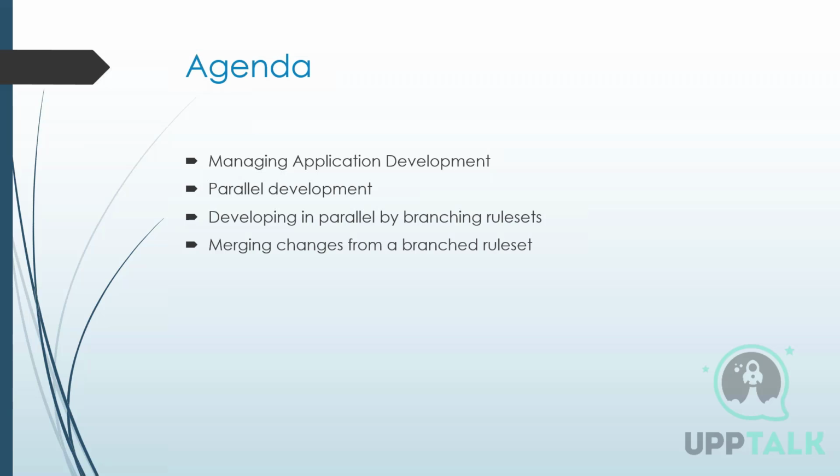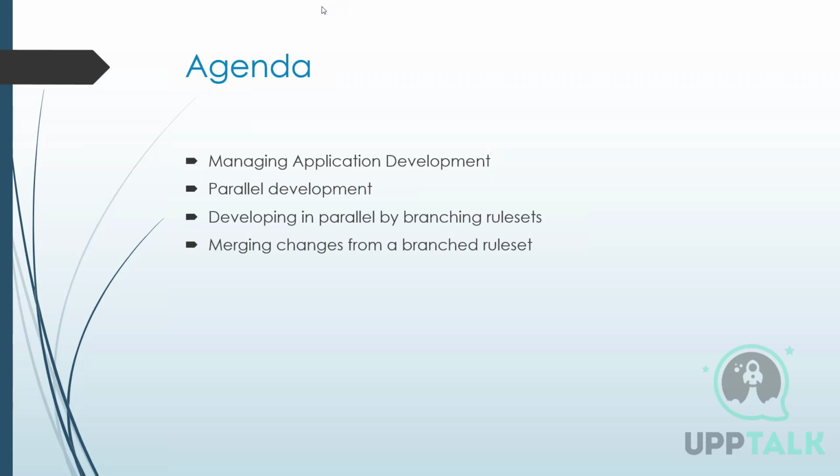Now, I cannot say that one team has to wait until the other team completes, or one developer has to wait until the other developer completes. It's not a good approach. But how can I handle them separately, or how can I let the developments go hand in hand without any interruptions? That's part of your parallel development.